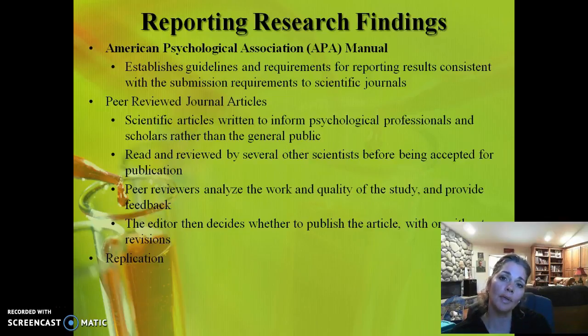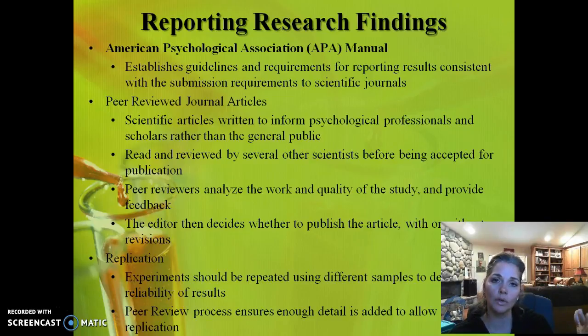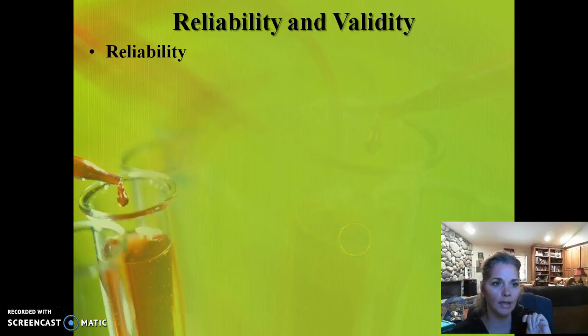If we can't repeat the results, they don't have as much credibility. So experiments should be repeated multiple times under different samples and different conditions, to see if those results are consistent or reliable over time. And the peer review process makes sure there's enough detail for replication to be possible.